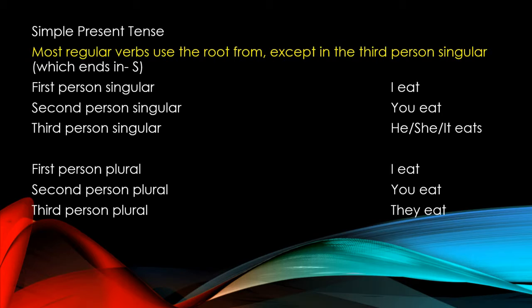If it is plural, first person plural, then we will write we ate. If it is second person plural, we'll write you ate. If it is third person plural, we will write they ate. Okay?